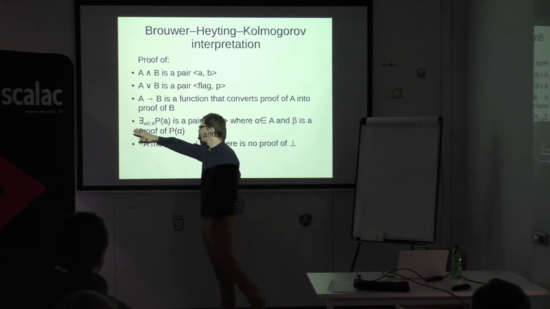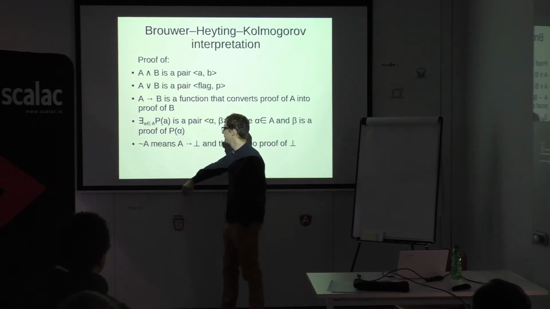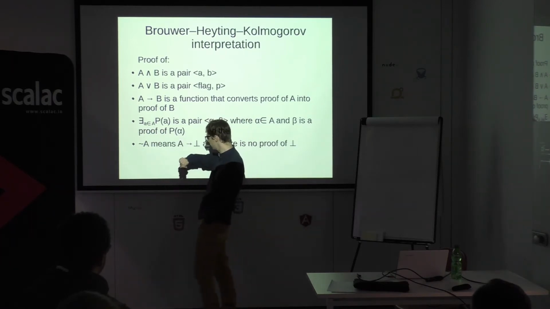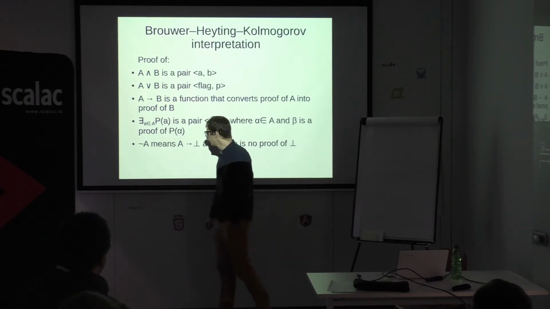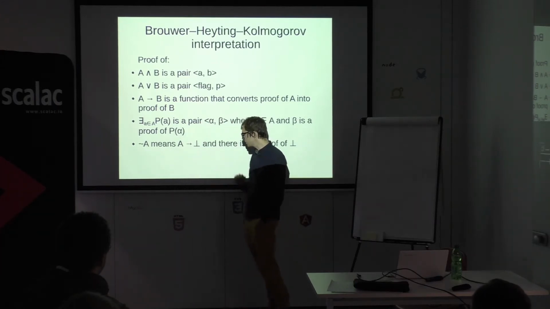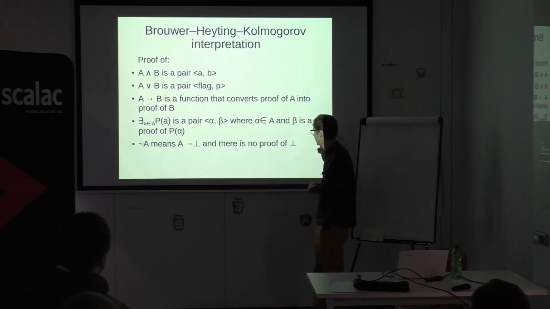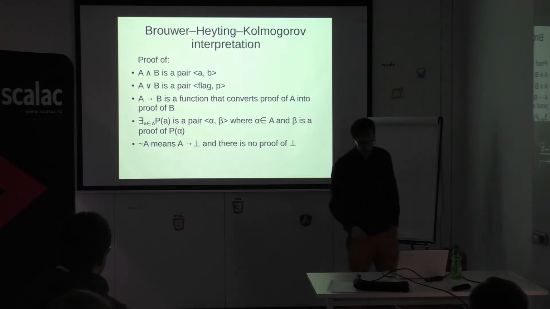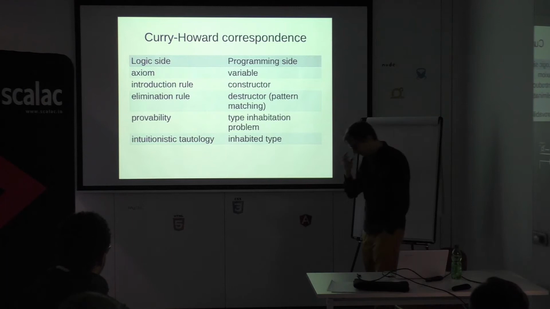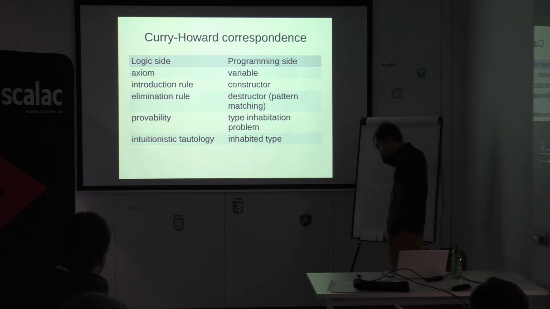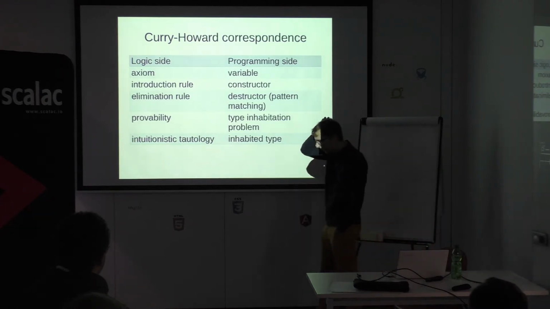So there's also such an interpretation for existential quantifier and universal quantifier, and also for false. So not A means that A implies false, and there's no proof for false. False has no proof.